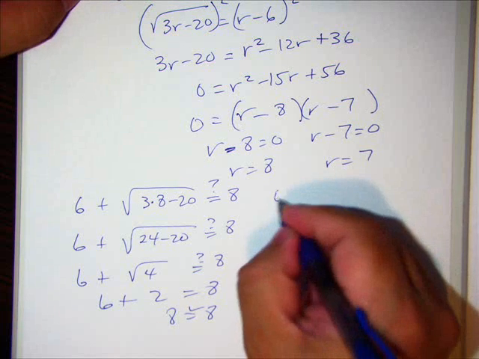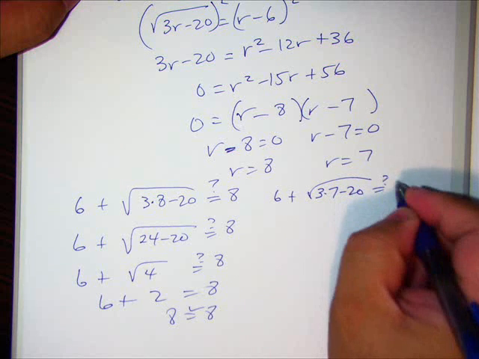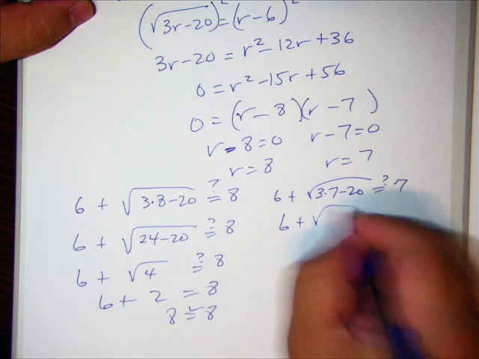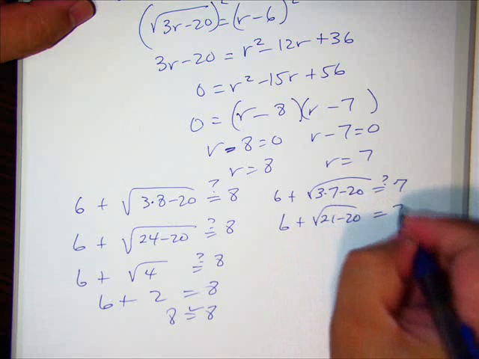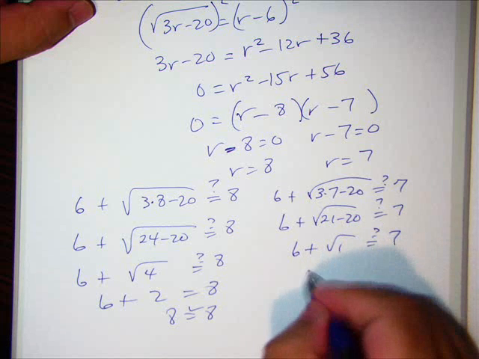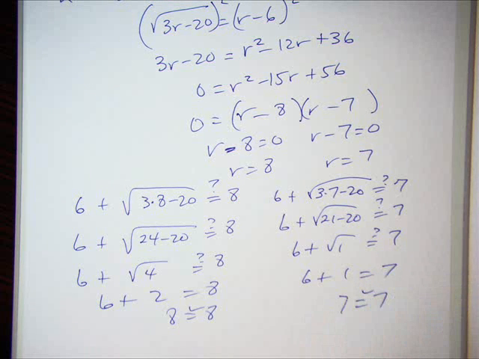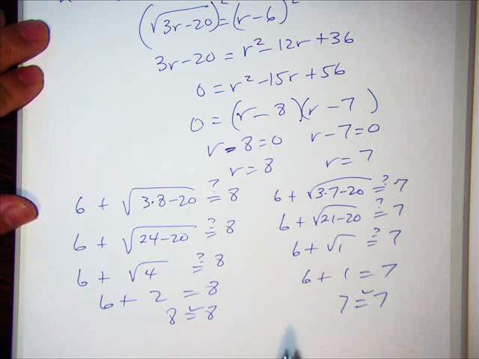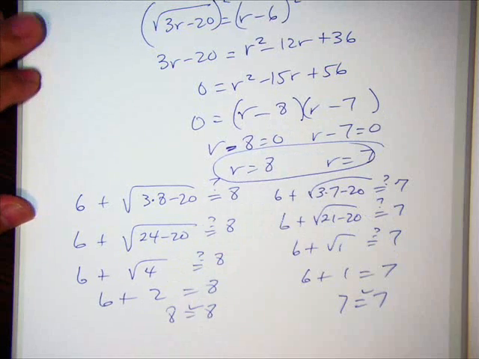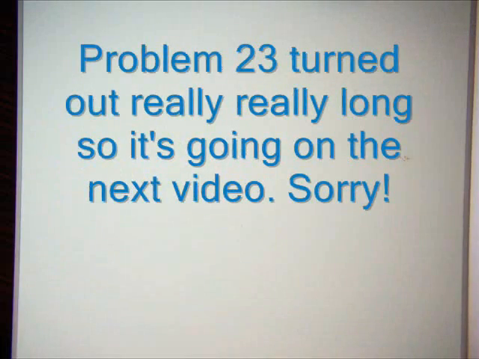Alright, let's try with 7. 6 plus the square root of 3 times 7 minus 20. Is that equal to 7? 21 minus 20. Yeah, I think it will. Square root of 1. Okay, and that's it. Moving on, that's number 21. My final answers are R equals 8 or R equals 7. Next problem, 23.